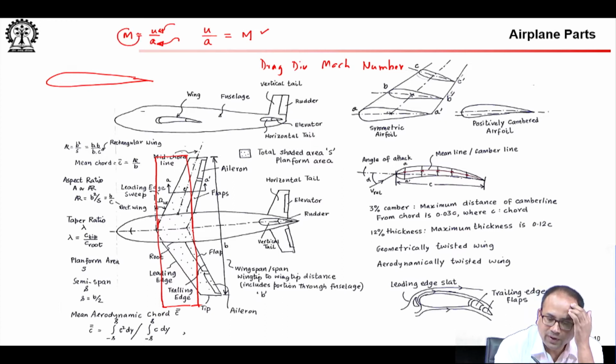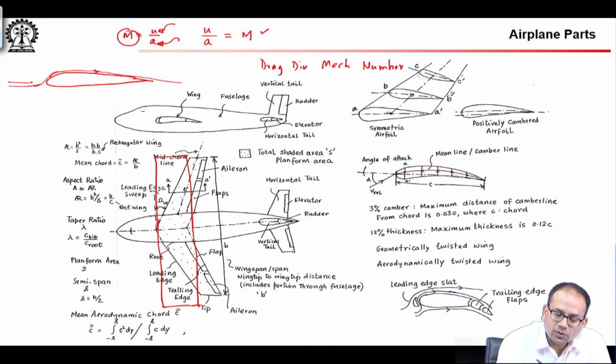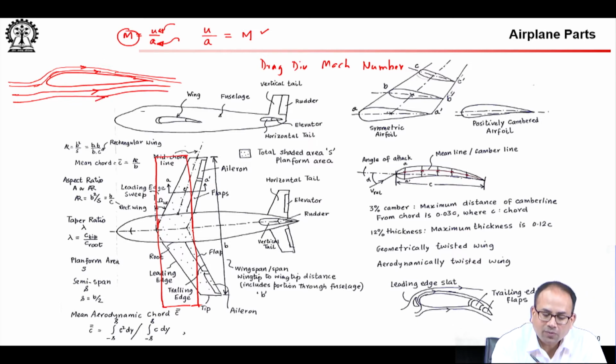But Mach number is defined as u by a, and when you have flow coming onto the airfoil, because of certain reasons which we will again talk about in follow up discussions, the velocity on the top of this airfoil is actually faster than the velocity upstream.